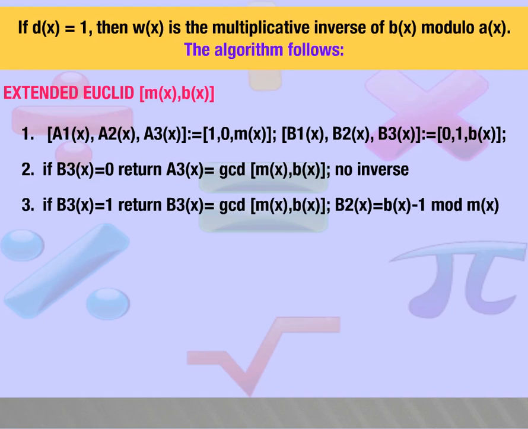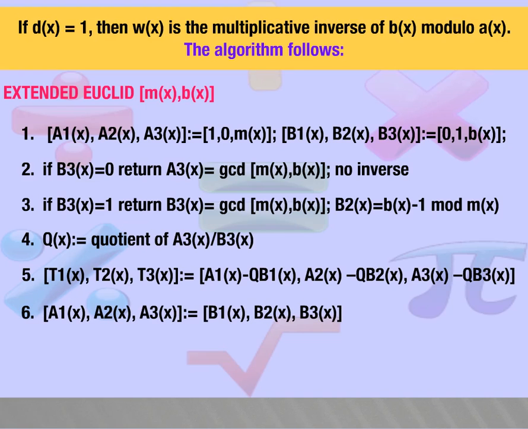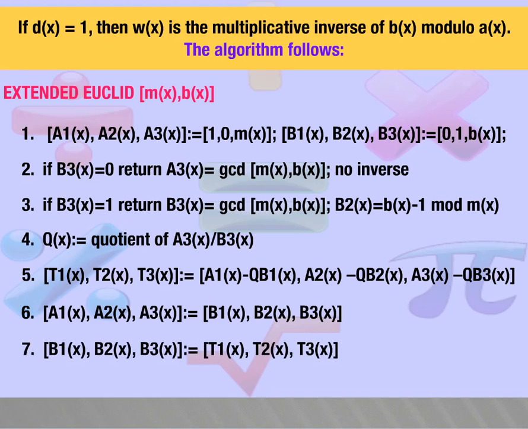If b3(x) is equal to 1, return b3(x) = GCD(m(x), b(x)); b2(x) = b(x) inverse mod m(x). q(x) is the quotient of a3(x) divided by b3(x). (t1(x), t2(x), t3(x)) = (a1(x) minus q b1(x), a2(x) minus q b2(x), a3(x) minus q b3(x)). (a1(x), a2(x), a3(x)) = (b1(x), b2(x), b3(x)). (b1(x), b2(x), b3(x)) = (t1(x), t2(x), t3(x)). Go to 2.